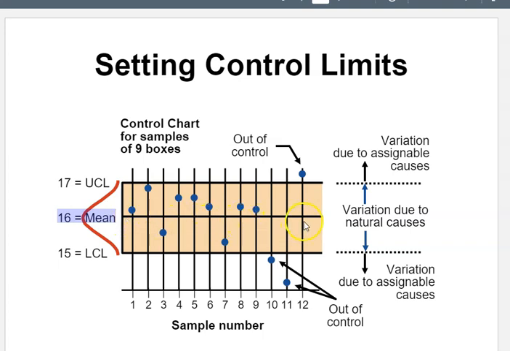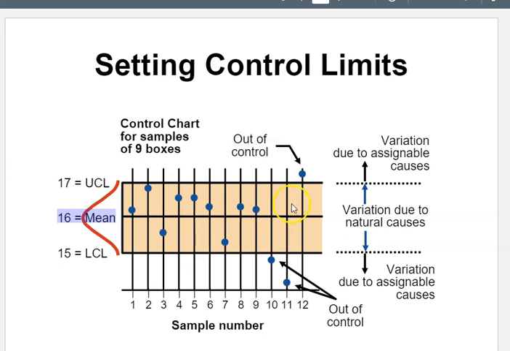So we put 16 as our expected value. That's what we expect the weights to be, but they're not supposed to be more than 17 or less than 15 ounces, right? So if we keep weighing all of these boxes over time and they're always in between the upper bound and lower bound, we're good. The system is in control.